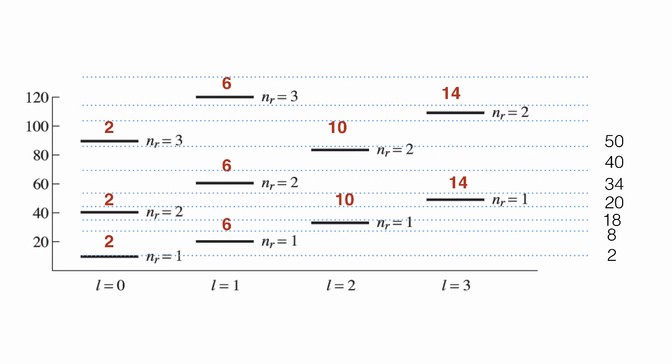The third shell 18, 20, 34, 40, 50, and so on and so forth. When we fill those shells, the system is stabilized. So filling these shells completely is stabilizing. In other words, those numbers should be magic numbers. They should correspond to abundant nuclei. So in nuclear physics, they are called magic numbers.